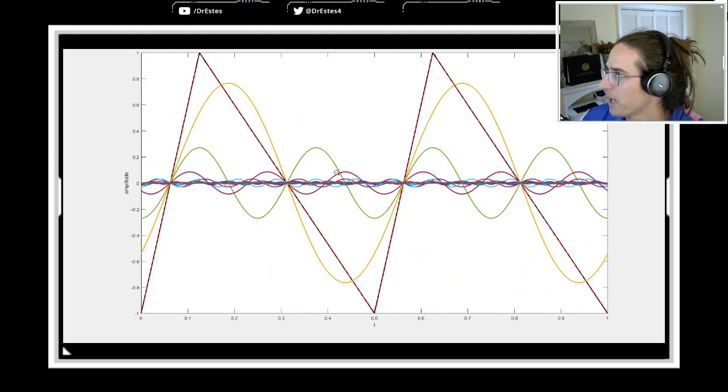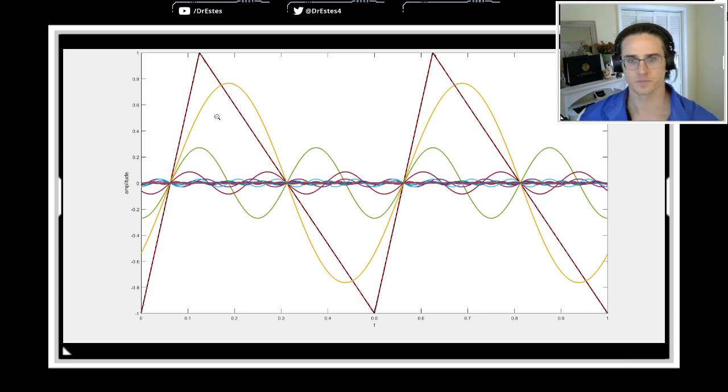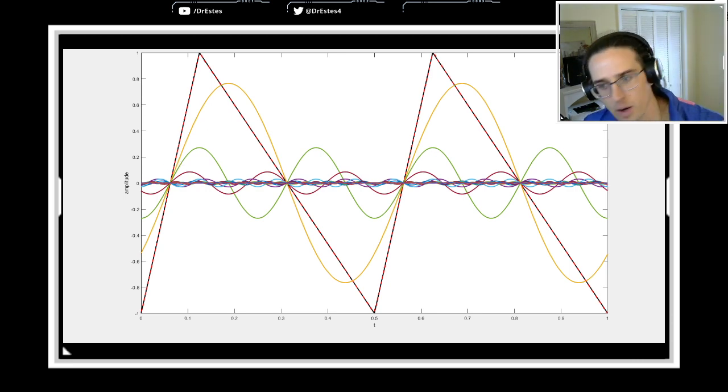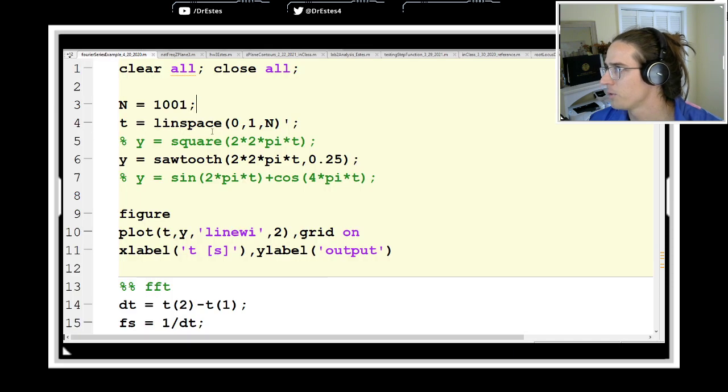I guess you could sketch by hand and show the principle pretty nicely. But this is how a Fourier series works. And I could use a very different signal and we could still break it apart.